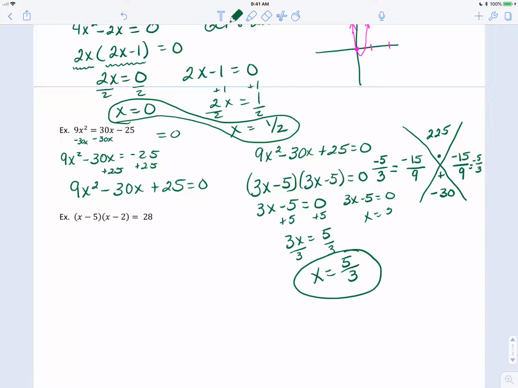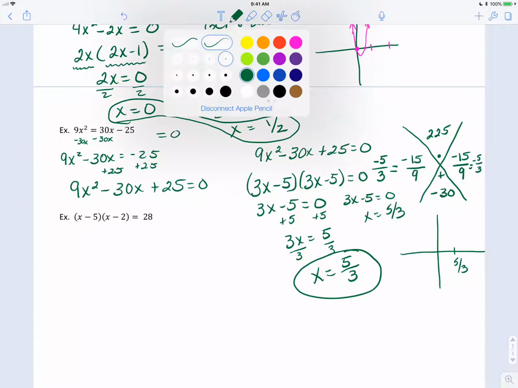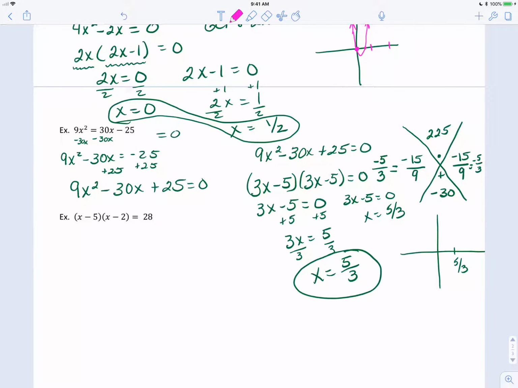So x would still be 5/3, which if you were going to see a graph, let's just say right here is 5/3. That quadratic would look something like, just come down and touch it right there. That's why it doesn't cross it, so that's why you only have the one answer.